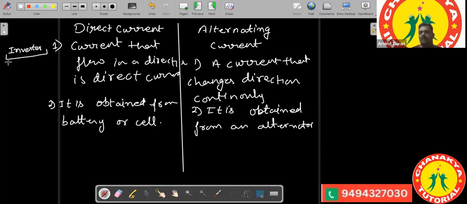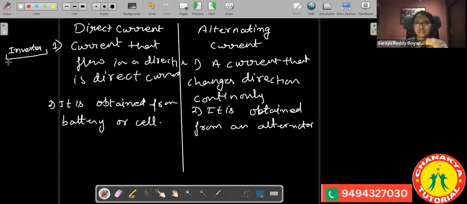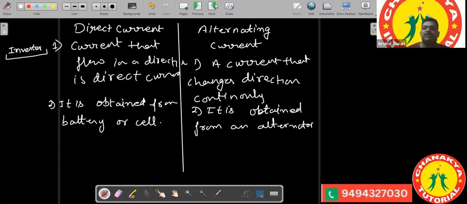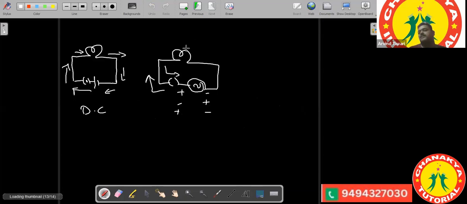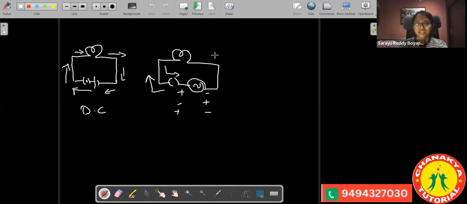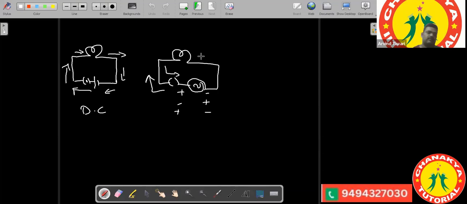Will it work or not? No, sir. So just now you're saying it will work, so only battery won't work. We need something else in between to supply current to every single electronic.